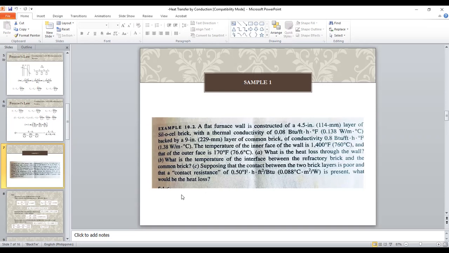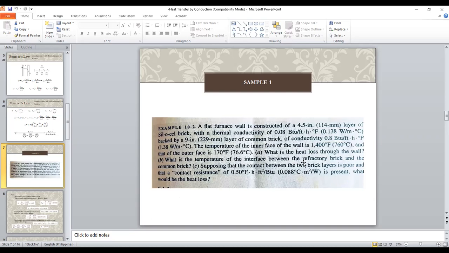Then the temperature of the inner face of the wall is 1,400 degrees Fahrenheit, and that of the outer face is 170 degrees Fahrenheit.